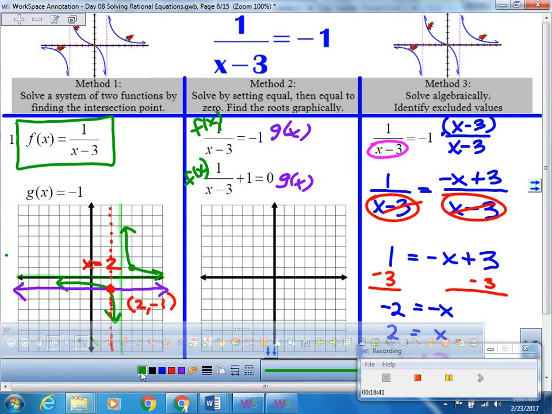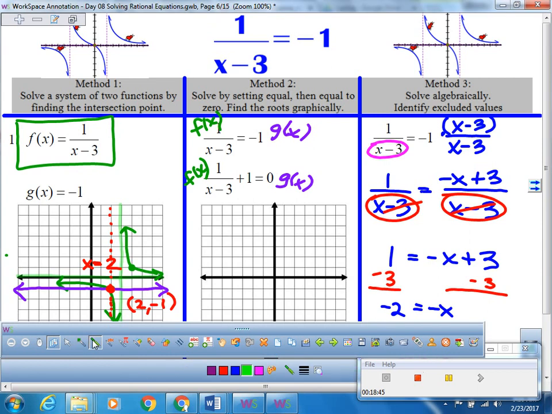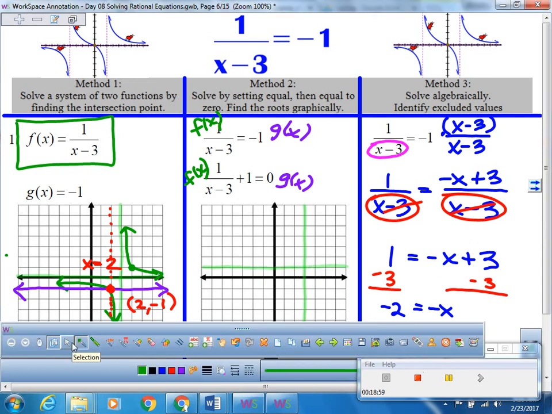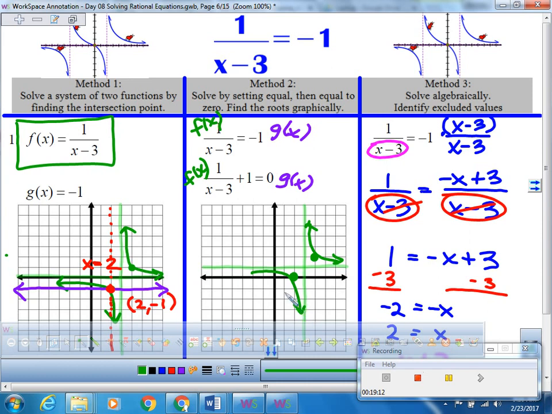So when I graph this one, my shift is over 3, so I have an asymptote at 3 still, right? 1, 2, 3. But this time I do have a horizontal asymptote at +1. So then my graph is here and here. Let's make this look pretty. Here and here. Hold on. And then my g of x is at 0, right?